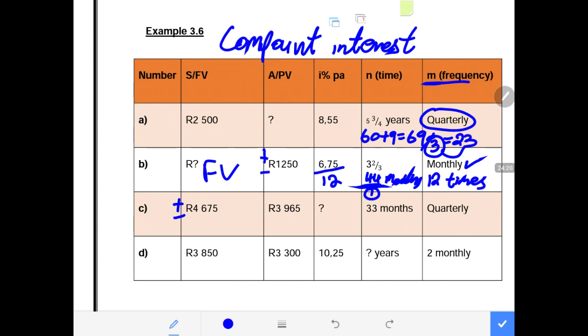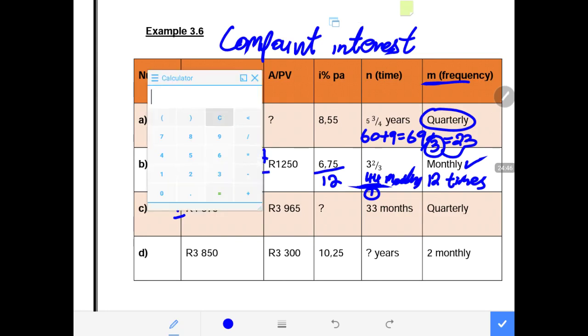Please make sure that it's only the future value that has the sign of plus or minus, which in this case is the 4,675. Present value, 3,965. There is our present value. There was our future value. Interest is what we are looking for. We have our n in the number of months now, 33.